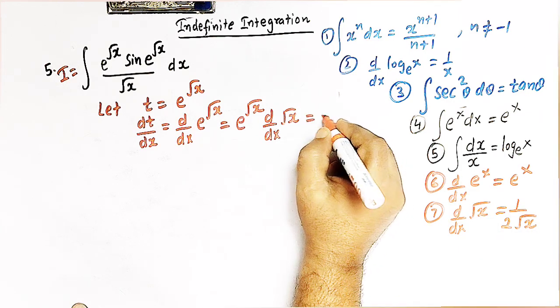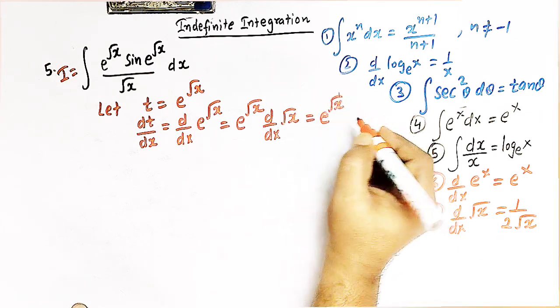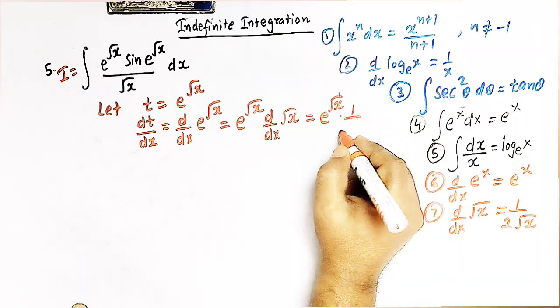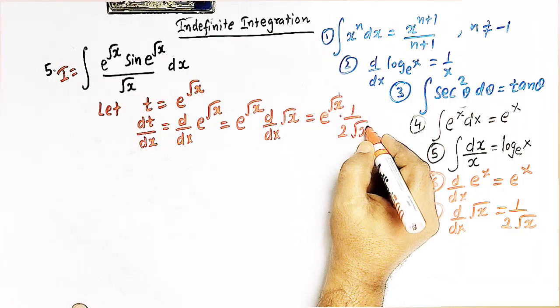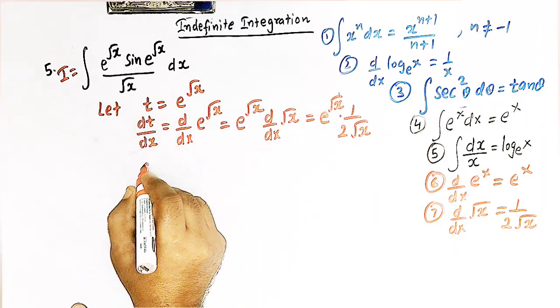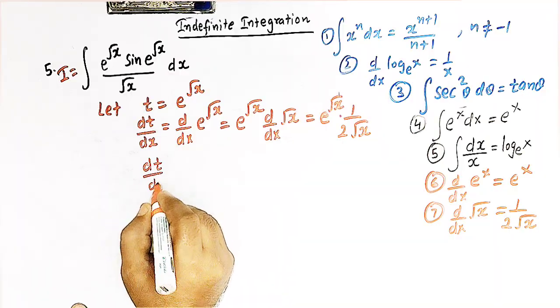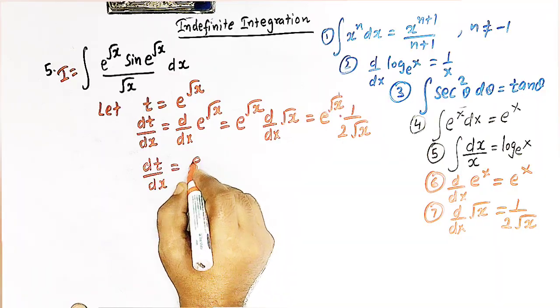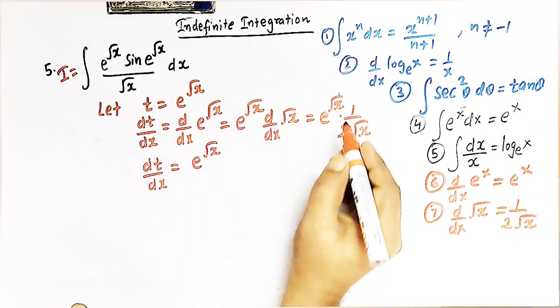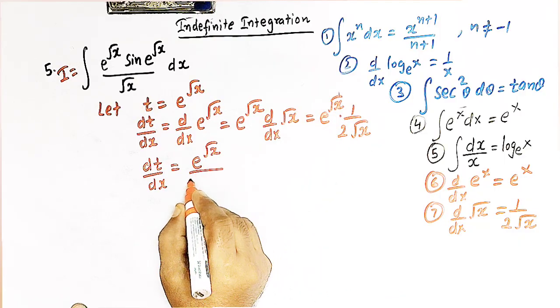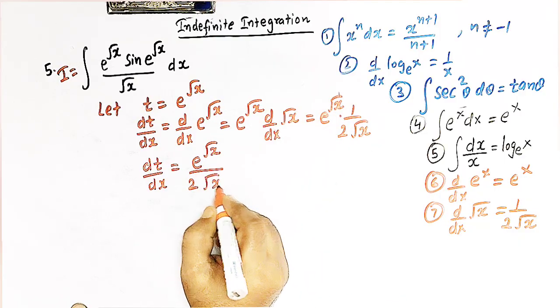So here we have e raised to square root of x times 1 over 2 times square root of x. So we have now dt over dx is equal to e raised to square root of x divided by 2 times square root of x.